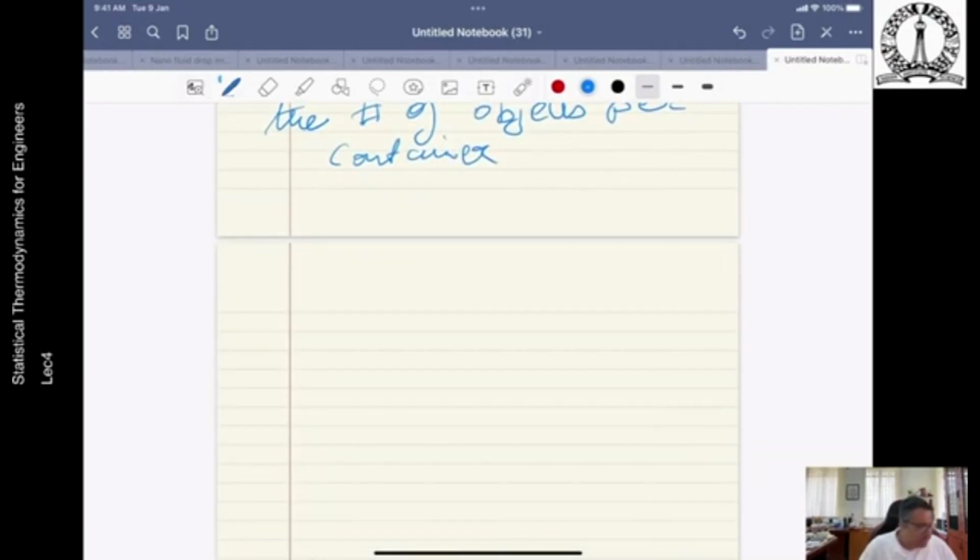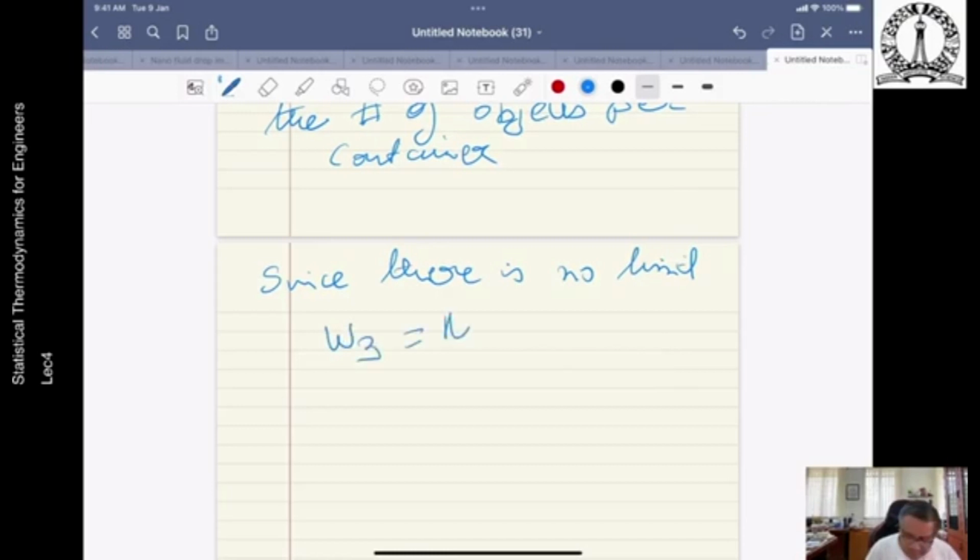Gotcha. So here the answer, since there is no limit, becomes fairly easy. Your W3 becomes m raised to the power of n. Right? So this brings the third possibility.